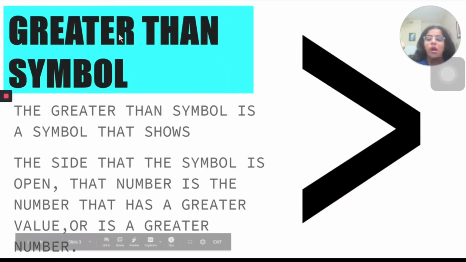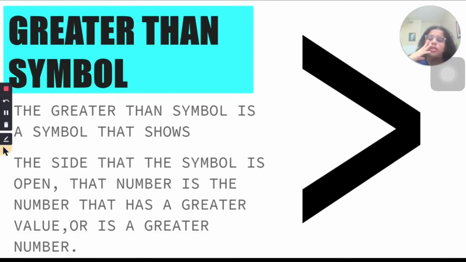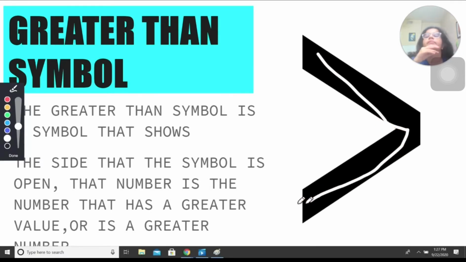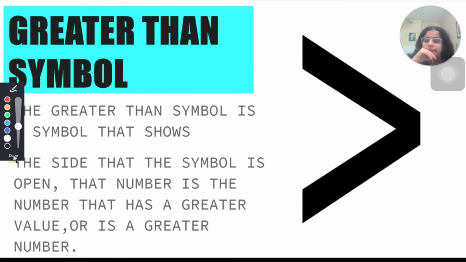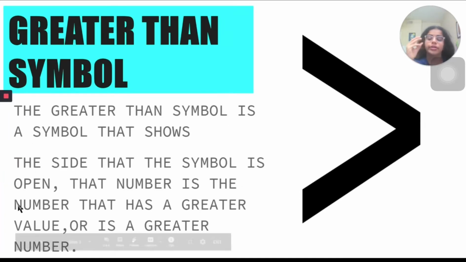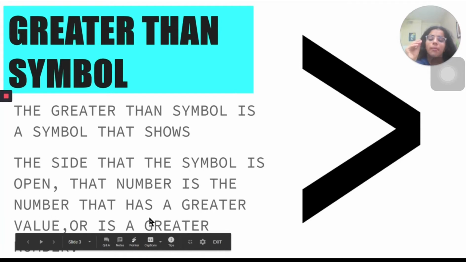So let's start with going into detail about greater than symbols, and this is what a greater than symbol looks like. The greater than symbol shows that the side where the symbol is open is the number that has a greater value.